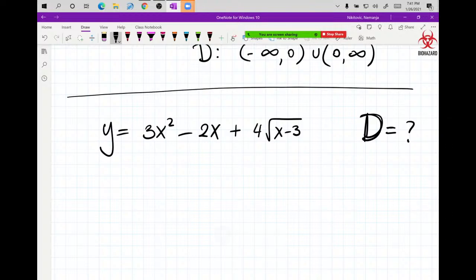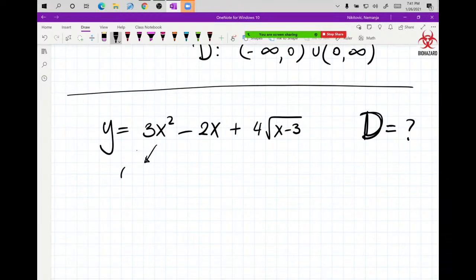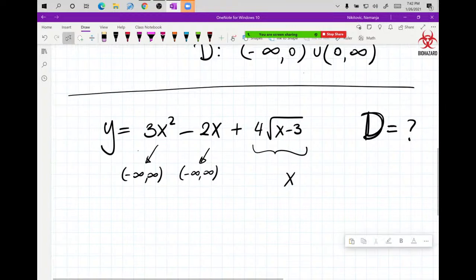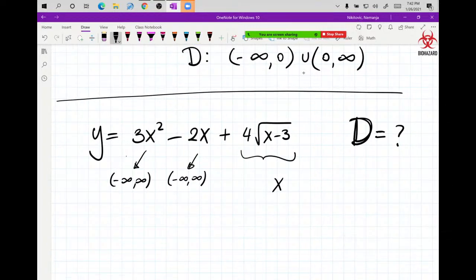So, okay, this one, all real numbers. Any number goes. This one, all real numbers. Any number goes. What now? Well, the square root, I can't have a negative inside. Okay, great. So now x minus 3 has to be larger or equal than 0.